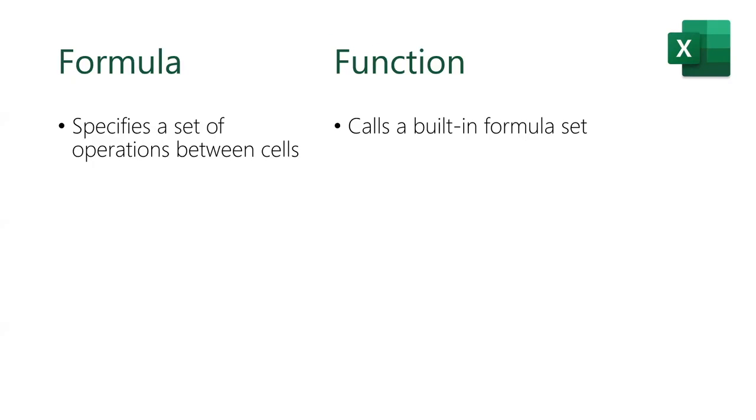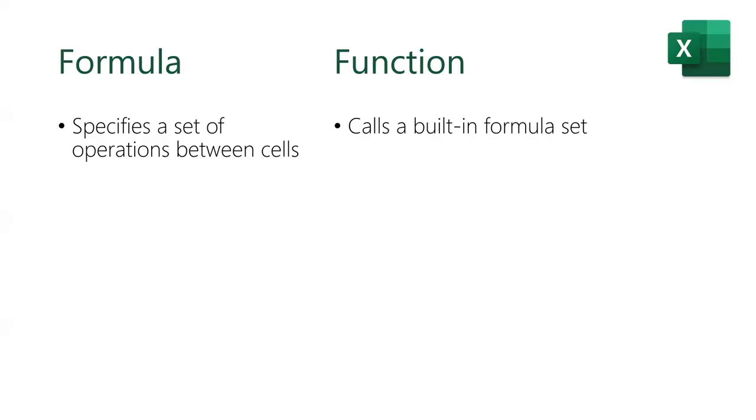So a formula is something where you can specify certain operators, and we'll see what kind of operators. And a function is something which is built in. The moment you enter a function, it's going to call a particular built-in formula set.